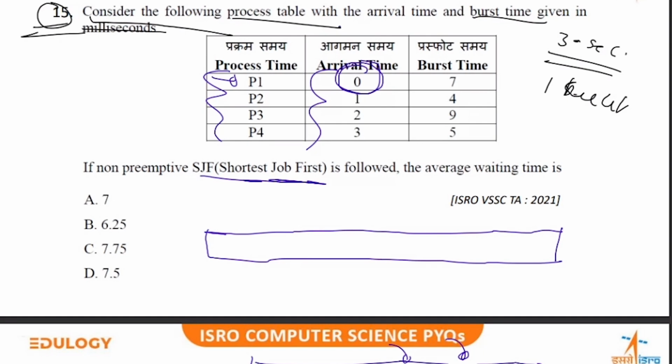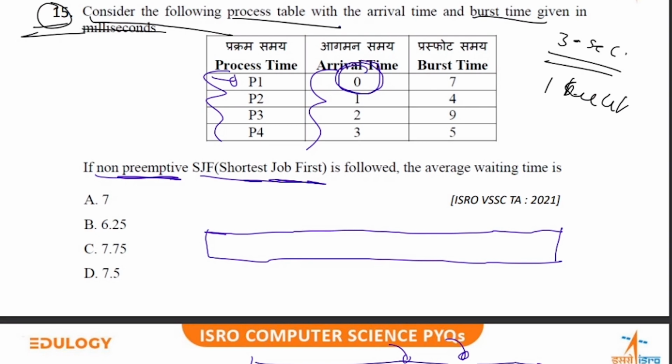Okay, and the second thing which you have to notice is that I am using non-preemptive. We can't take the CPU forcefully from the process in non-preemptive mode. If we are applying the shortest job first algorithm in preemptive mode, at that time we can take the CPU from the process forcefully. But whenever we are using a non-preemptive algorithm, we can't do that.